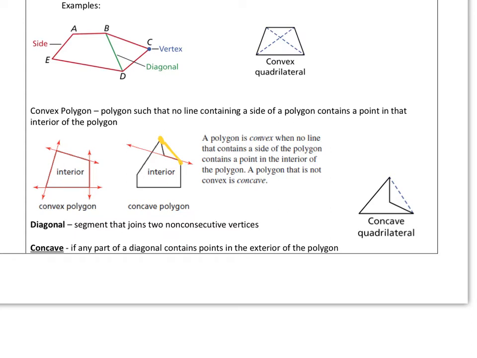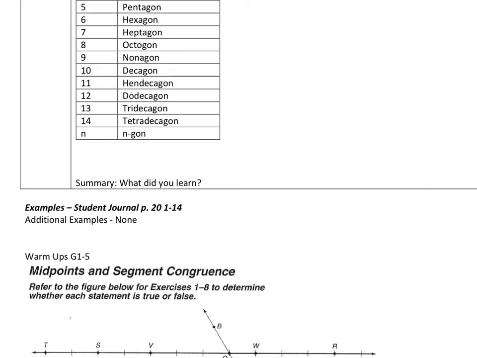So again, the way I described it, if any part of the diagonal contains points in the exterior of the polygon, so whenever I draw a diagonal, if anywhere on here I end up on the outside, we're going to say it's concave. It caves in on itself at some point. And then to recap, we said a diagonal is a segment that joins two non-consecutive vertices. All right, let's move on to this next page of notes.